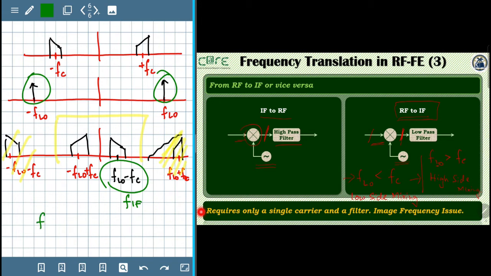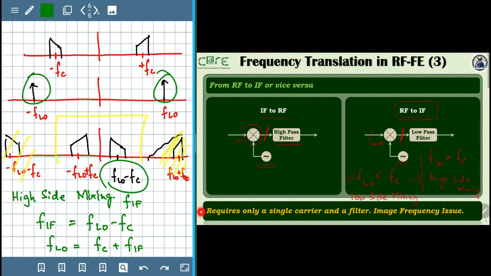So FIF in the case of high side mixing is equal to FLO minus FC, or put another way, FLO in this case corresponds to FC plus FIF.